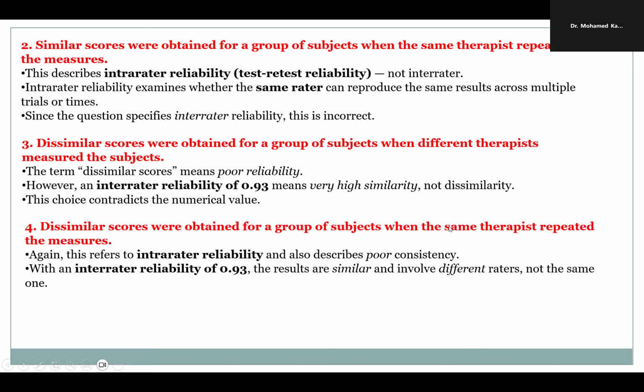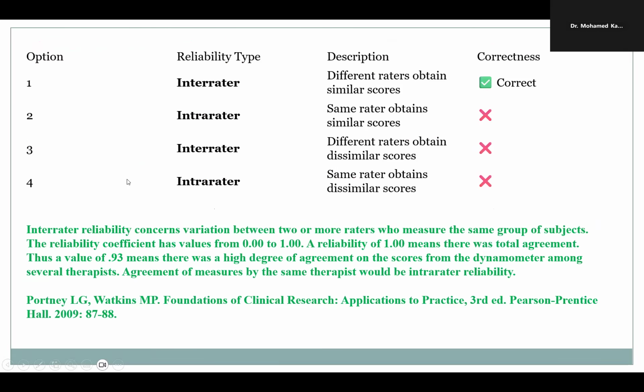And the same therapist would not be inter-rater reliability. So to summarize, option one is inter-rater, different raters obtain similar scores. This is the correct answer. Intra-rater means the same rater obtains similar scores, and so on.